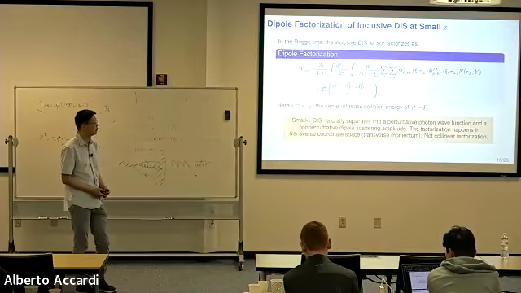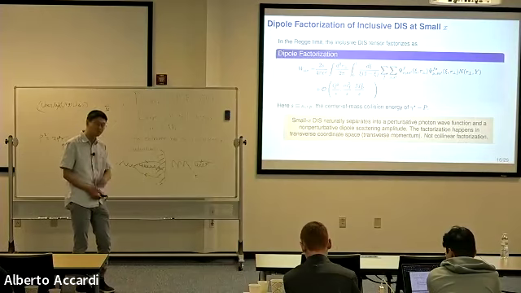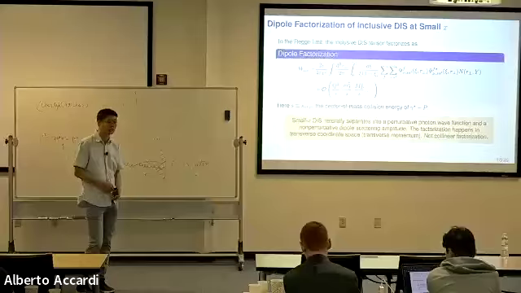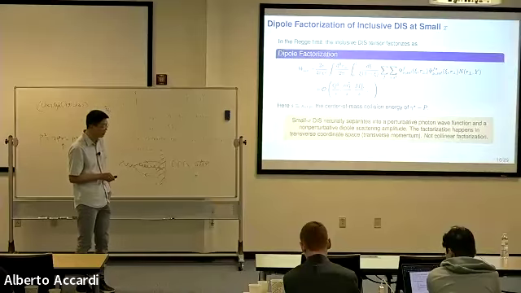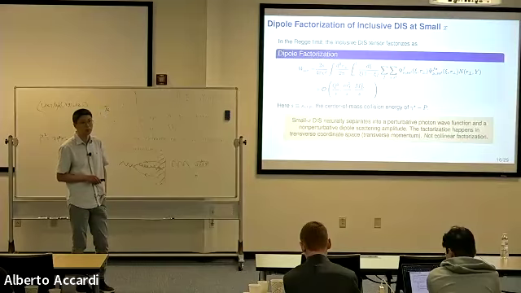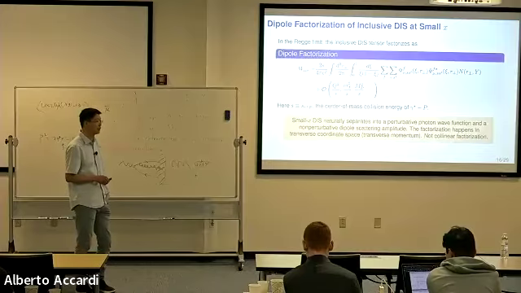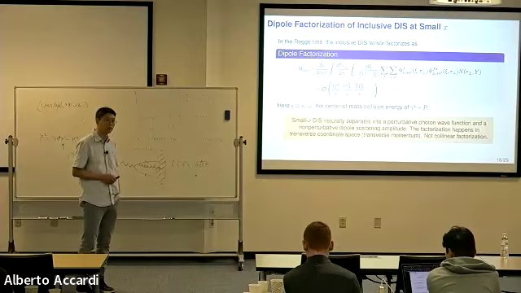Phenomenologically, they try to apply this idea to other processes, not just the DIS I discussed, but also proton-proton, proton-nucleus, even nucleus-nucleus collisions, to see if any experimental effects or phenomena can be explained from this perspective, to expand the application of this framework.